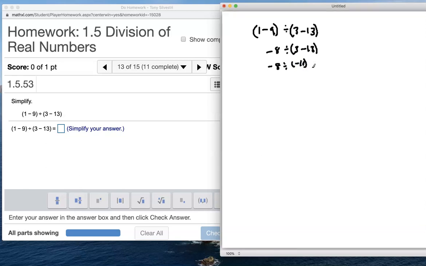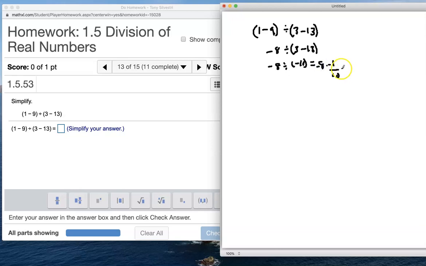Okay, now, what's that answer? Well, division is the same thing as multiplication. You could think of it that way. I know the answer is positive. But basically, division is negative 8 times the reciprocal of negative 10.